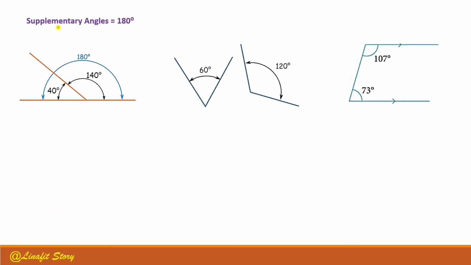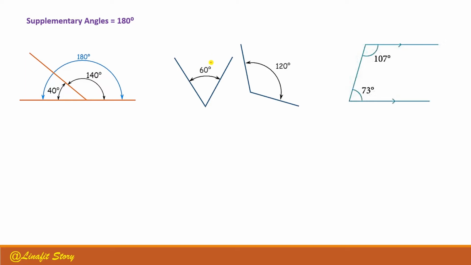Two angles are supplementary when they add up to 180 degrees. These two angles, 40 and 140, are supplementary angles because they add up to 180 degrees. Notice that together they make a straight line. But the angles don't have to be together.